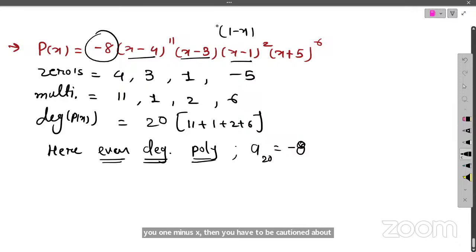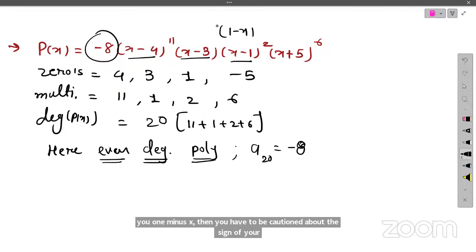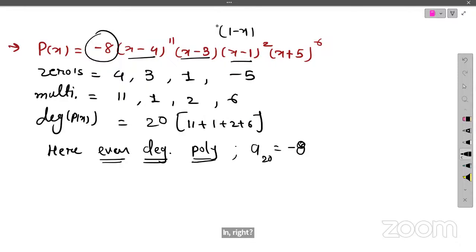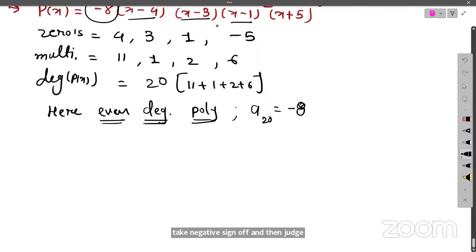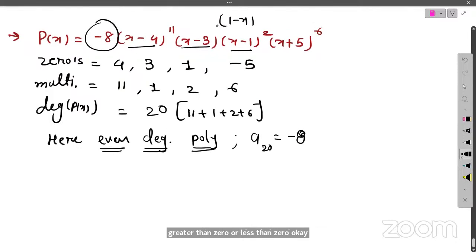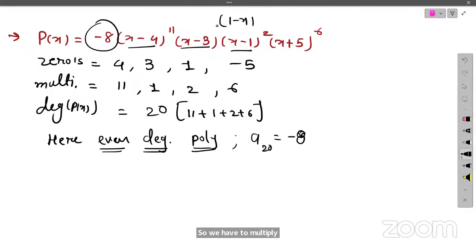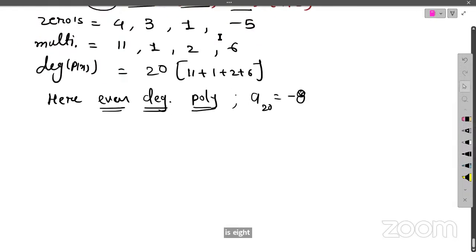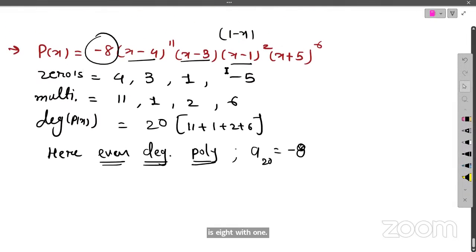We can take the negative sign out and then judge whether an is greater than 0 or less than 0. If (1 minus x) is given, we have to take minus common, right? Then it will become plus 8.